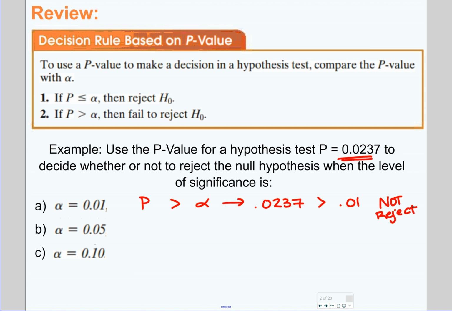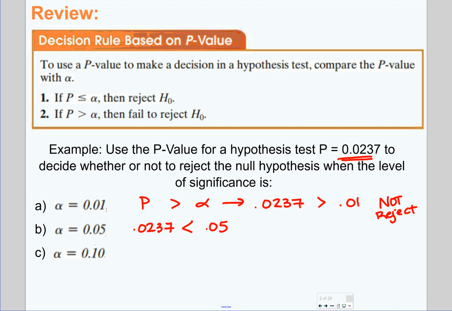All right, so what if the level of significance is 0.05? So again, we're going to compare that p-value to my level of significance. Is it greater than, less than, equal to? Right, so my p is less than in this case.